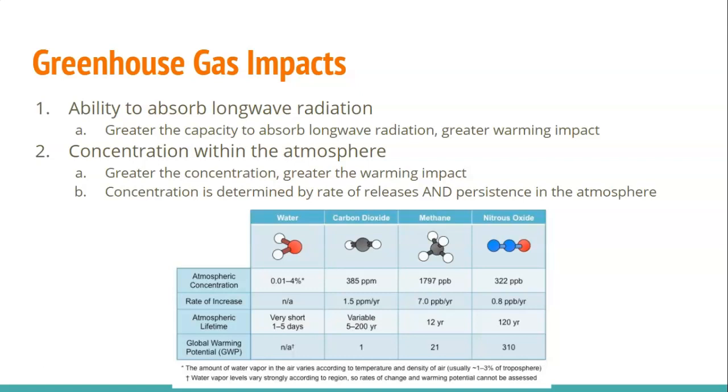Methane is released quite a bit and quite frequently from the earth, but it doesn't stay very long in the atmosphere. So although it's released a lot, it doesn't have as huge an impact as, say, water vapor or carbon dioxide, because it doesn't persist as long. So you have to look at both to determine which has the greater impact.